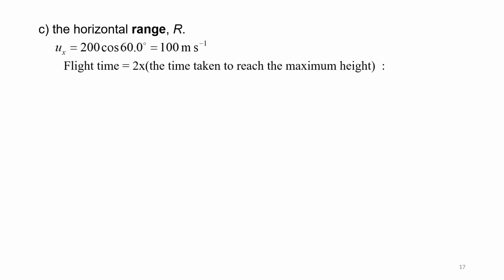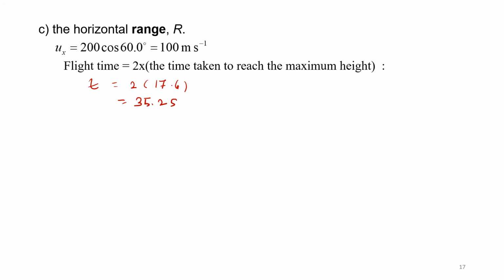Now question C, the horizontal range. Flight time equals 2 times the time taken to reach the maximum height. The time taken to reach the maximum height, we get the answer from question A. Therefore, we calculate flight time T equals 2 multiply 17.6. We get flight time 35.2 seconds.